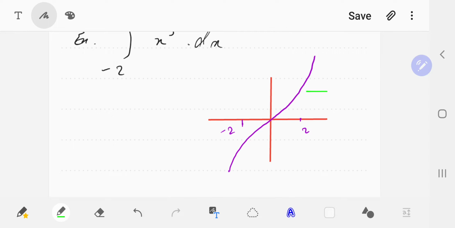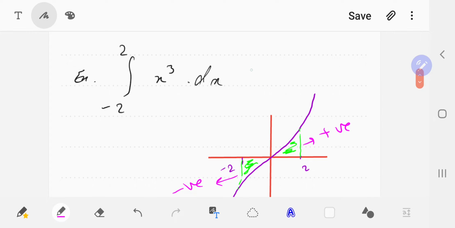So I'm talking about an area here and here, which also will be identical, but the only difference is that above the x-axis it will be positive, as we said before, and below the x-axis it will be negative. So they will have the same value, but one positive and one negative. So what do I expect? I expect that the answer immediately will be 0 as an integration, of course, not as an area.